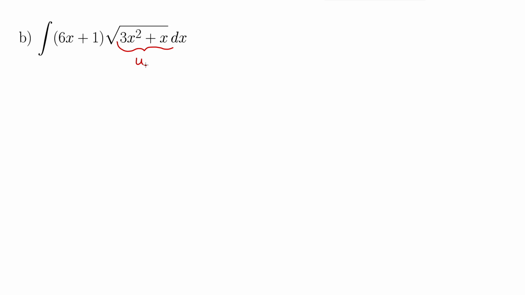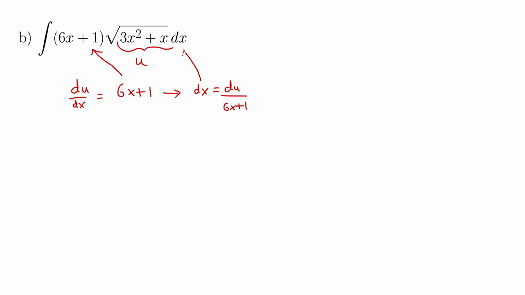If we let that be u, then note that du dx is simply 6x plus 1. Well, how nice. That's exactly what we have here. So we're on solid ground here. Let's solve this for dx. That gives us dx is then du over 6x plus 1.